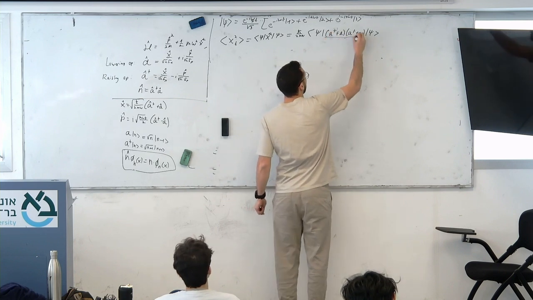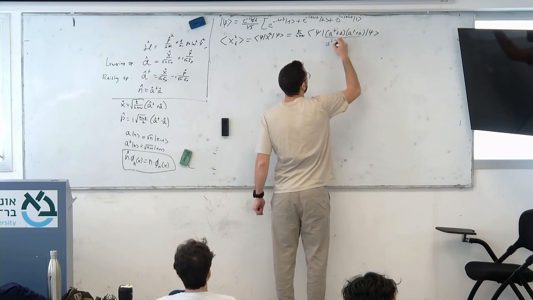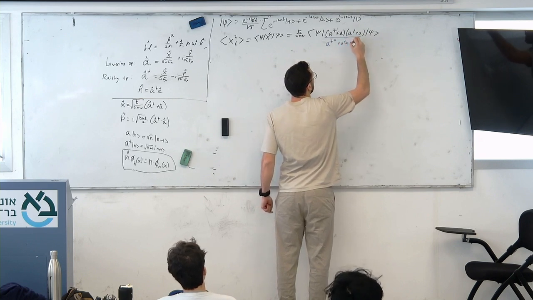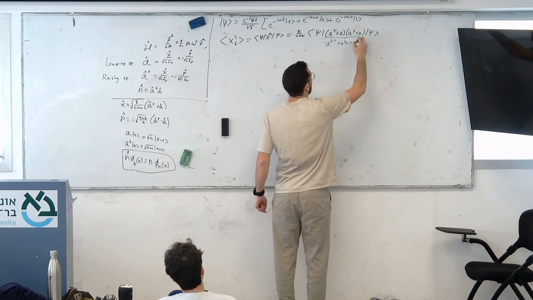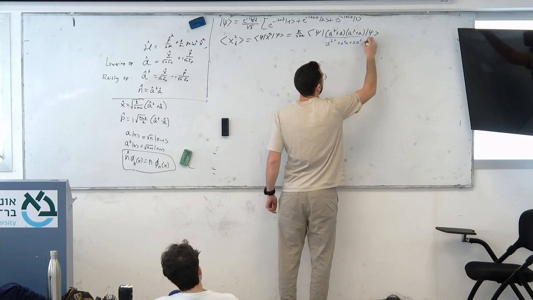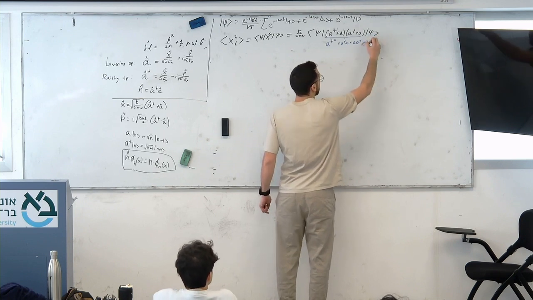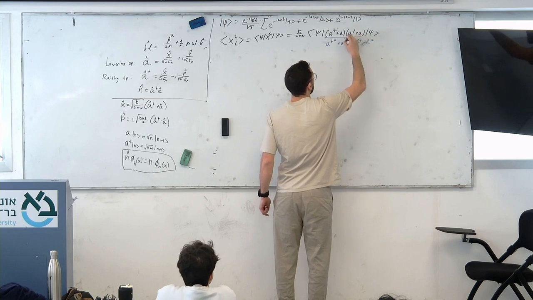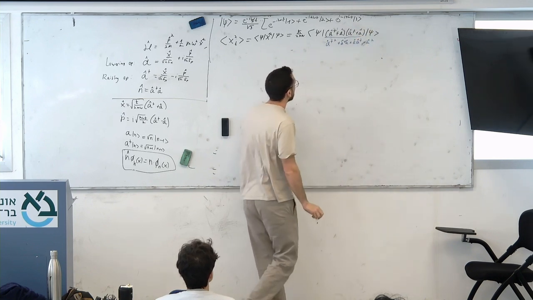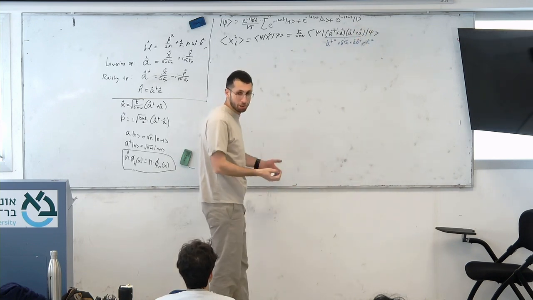This can be written as a dagger squared plus a dagger a plus a a dagger plus a squared, all with the little hats, of course. We love small hats. But at some point we will forget them.